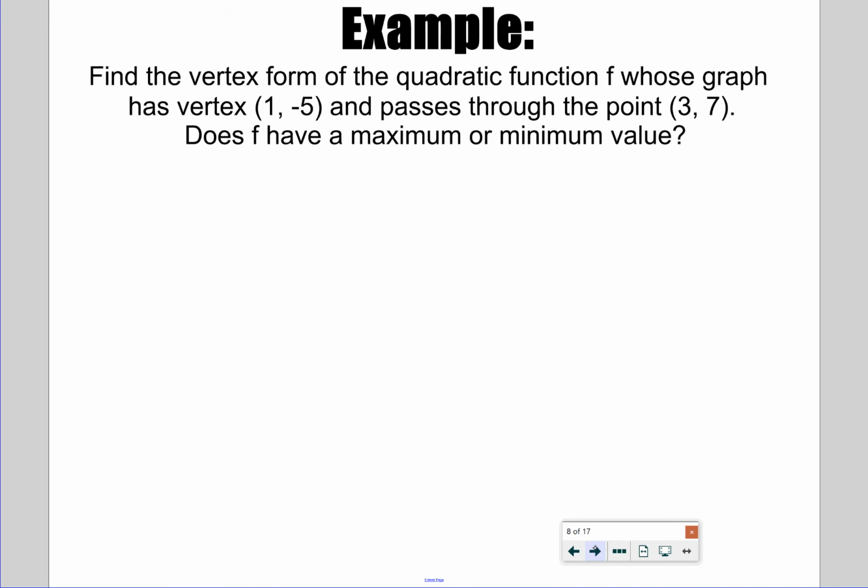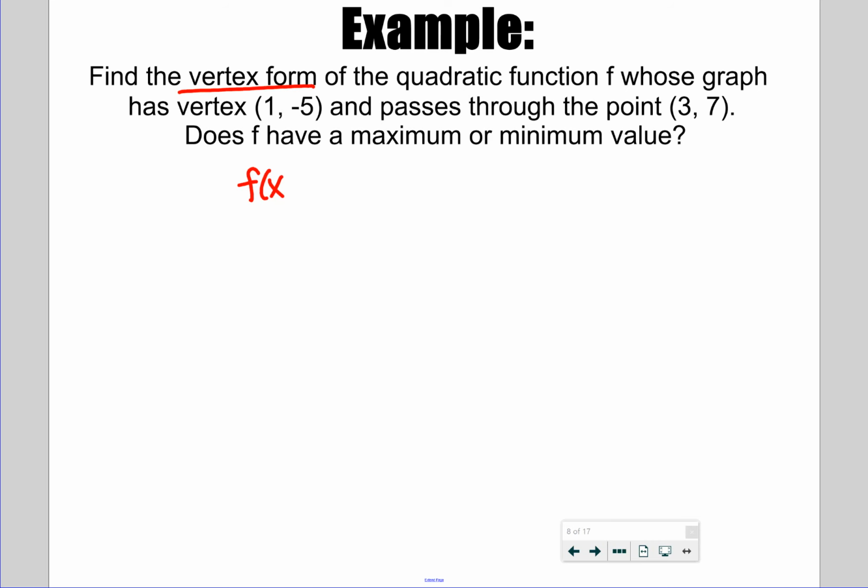Let's do another example with this form. Here we want to find the vertex form of the quadratic function f, whose graph has a vertex at 1, negative 5, and passes through the point 3, 7. Then, after we have our equation, we want to know if this has a minimum or a maximum value. Because it says to find the vertex form, I'm just going to go ahead and write down that form again.